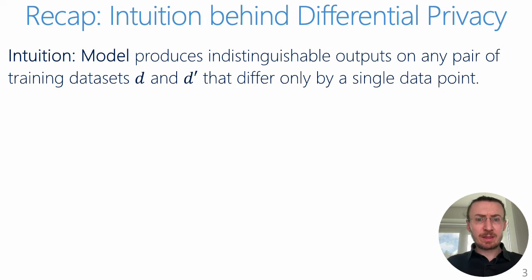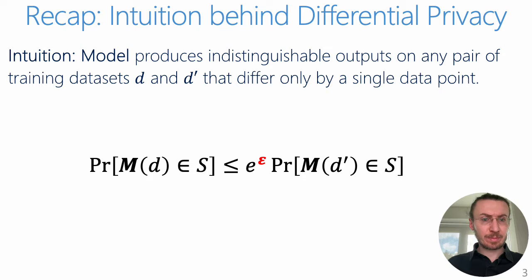So the main inequality to define differential privacy is expressing this intuition that the model produces indistinguishable outputs on any pair of training datasets D and D prime that differ only by a single data point.